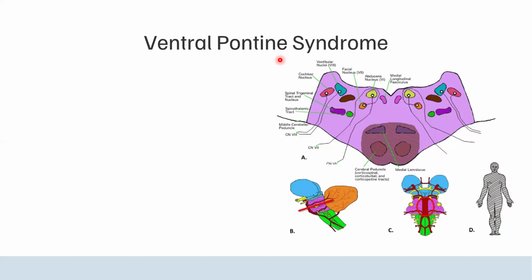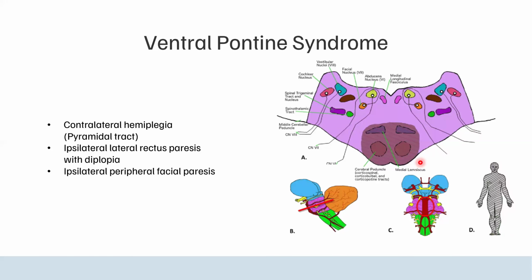It is going to affect our pyramidal tracts, leading to contralateral hemiplegia. It's going to affect the abducens nucleus, leading to the paralysis of the lateral rectus. And then it is going to affect our facial, leading to ipsilateral peripheral facial paresis. Okay.